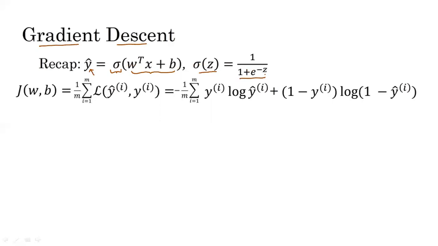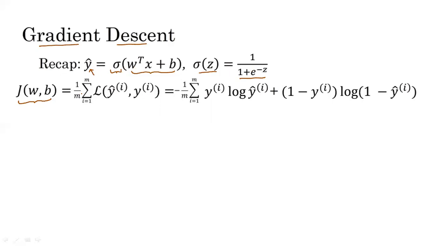And further we have learned some intuitions about this sigma, such as what will happen if we take the value of y hat to be 0 or y hat to be 1 in the cost function. We have also learned about this. So our cost function was defined over our parameters, that is w and b, and it was basically the average.